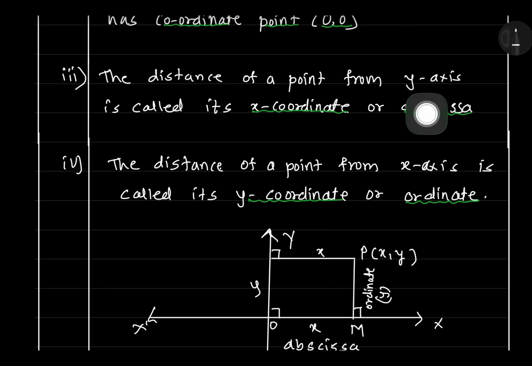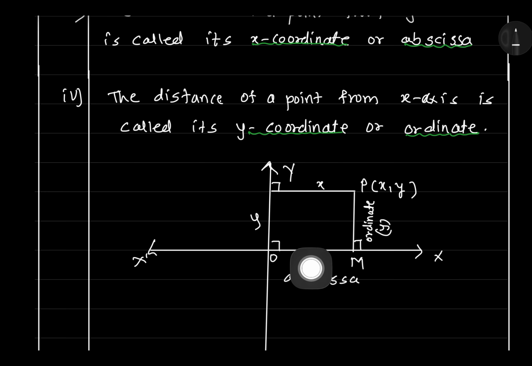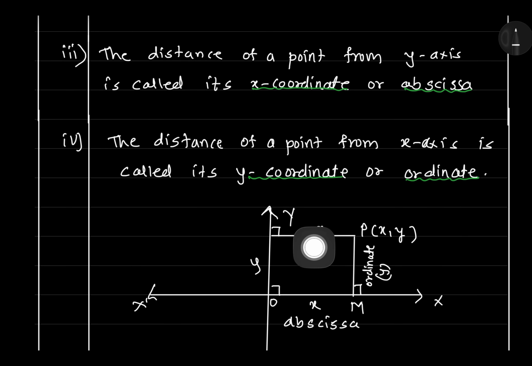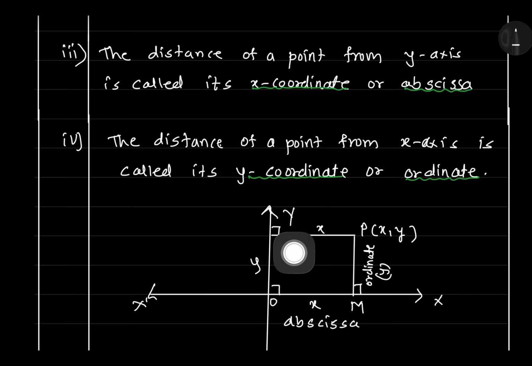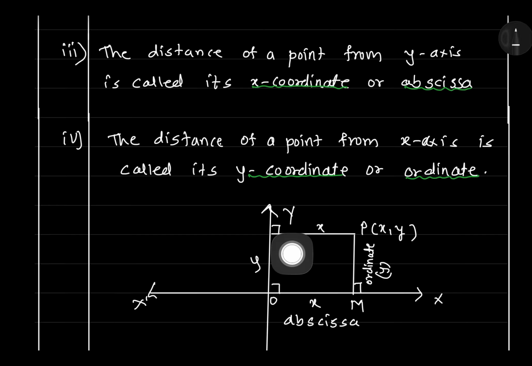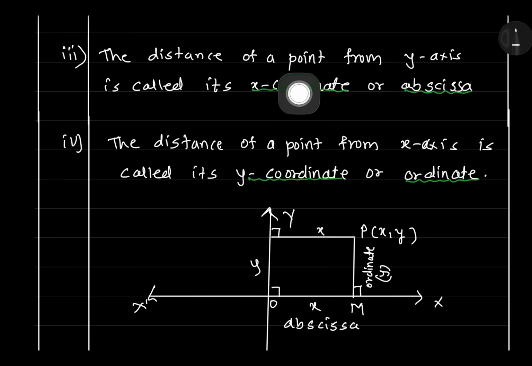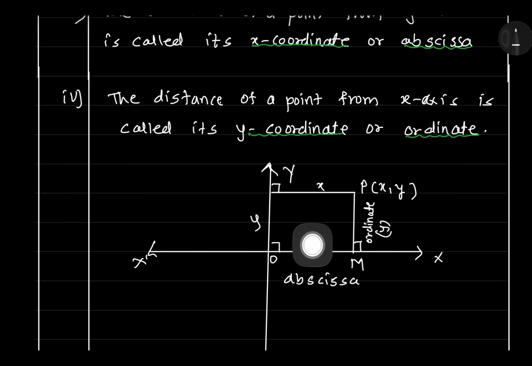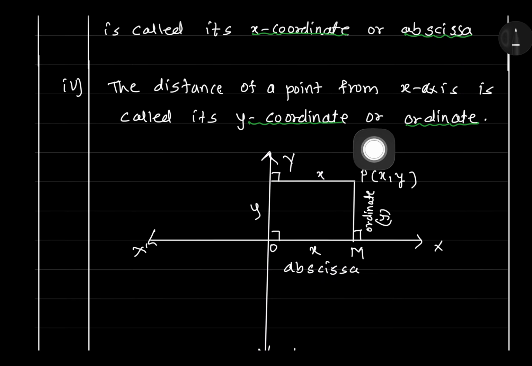This distance from the y-axis is the abscissa. Then the distance of a point from the x-axis is called the y coordinate or ordinate.